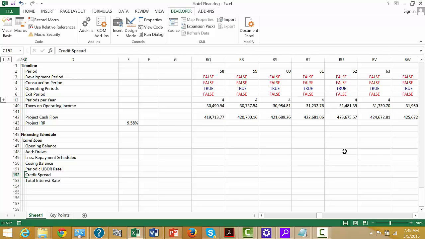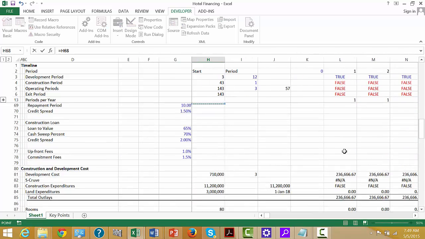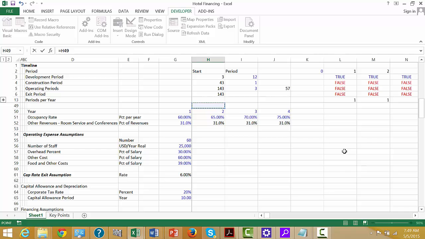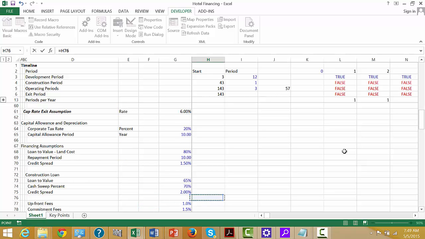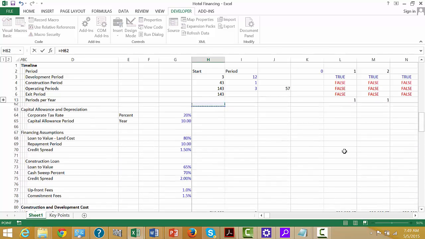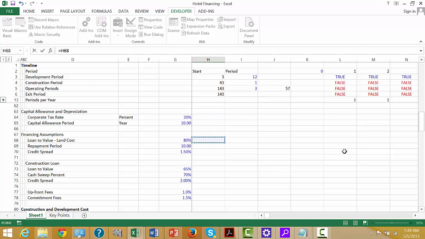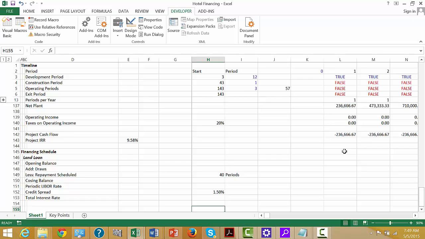Now this credit spread is not so fancy actually. You could put a different credit spread for a different time period. Whoops, that was the construction loan. I don't know how to protect against errors like that.